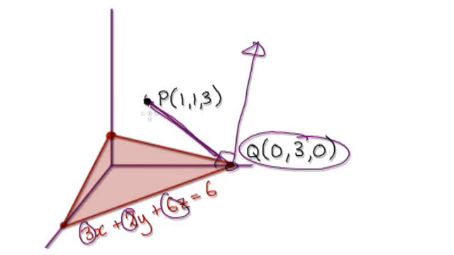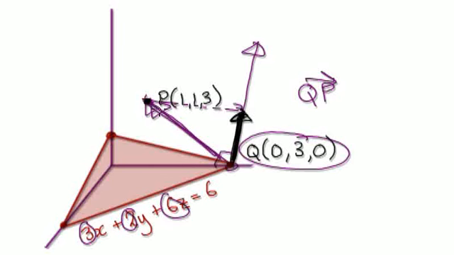So we need to project this vector QP onto our normal vector. The shortest distance will be given by this scalar quantity here.